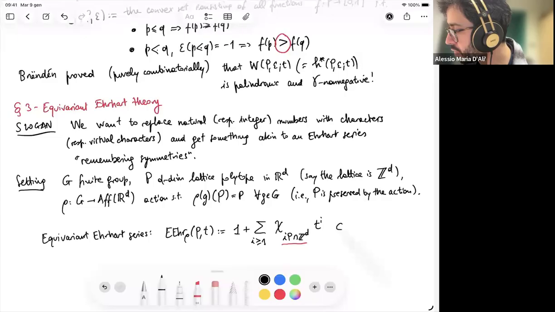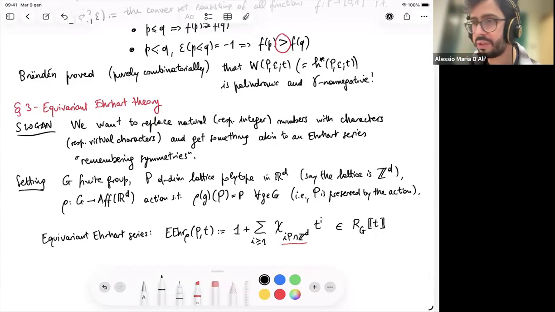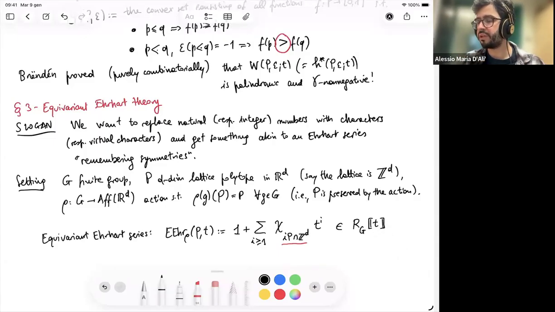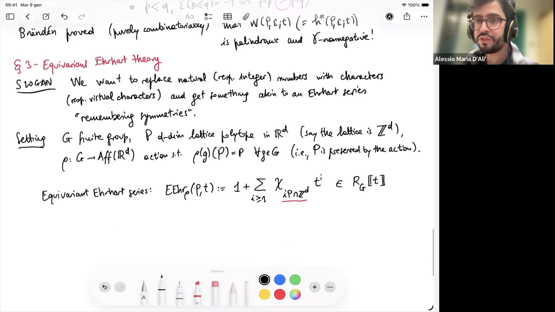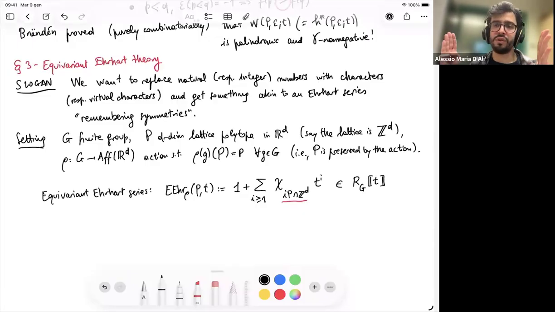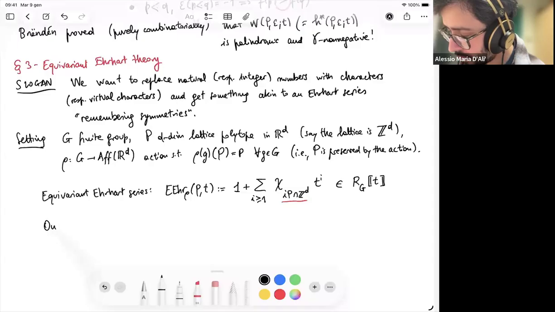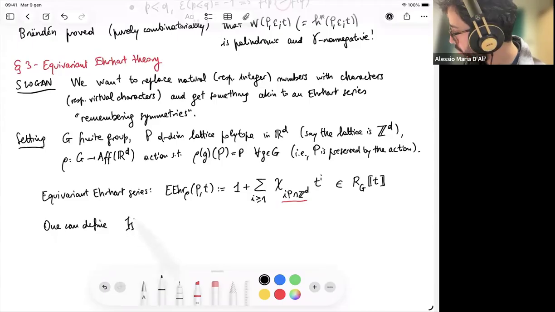And so this object is not a series with natural coefficients anymore. It's a series with characters as coefficients. And this should be the equivalent of what you get when you try to count lattice points in each dilation and take the generating series. Now you want the rational version of that. There are technicalities that I'm not going to go into, but one can define something that I'm going to denote by this.